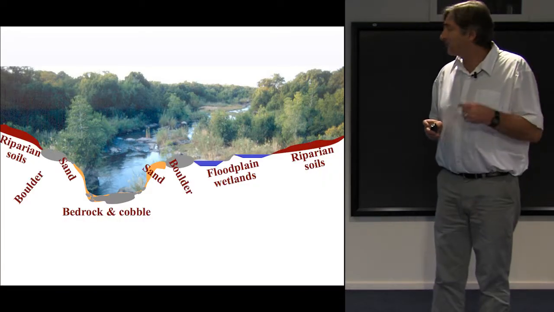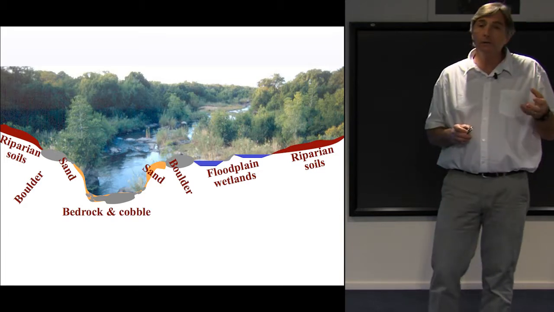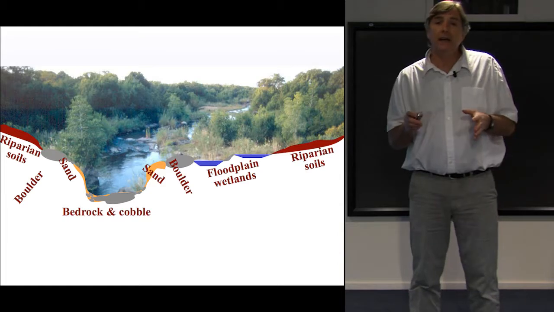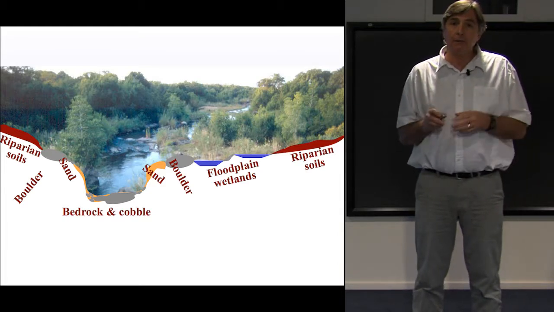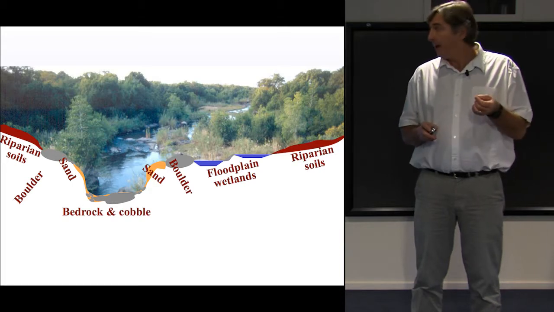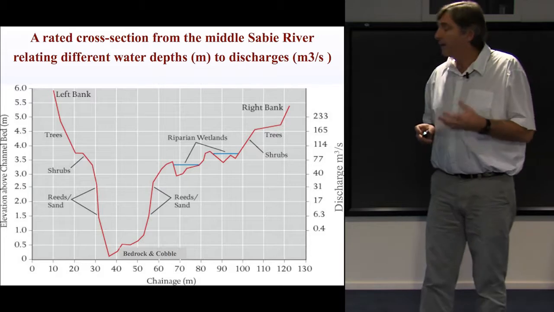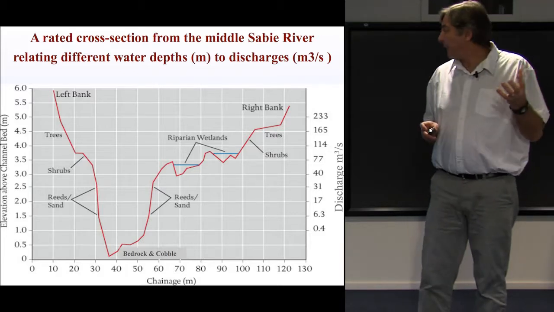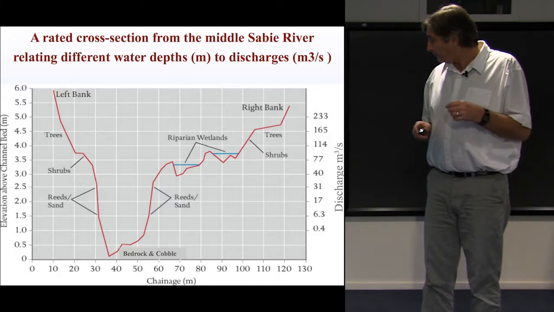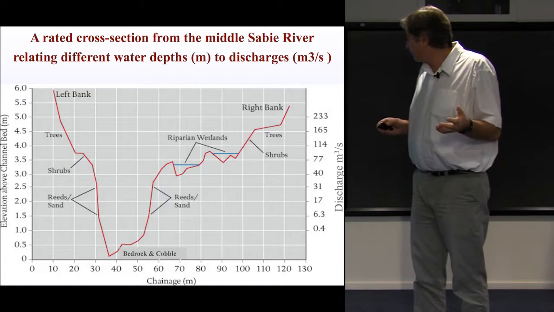So if we take a cross-section across the river and characterize the kind of soils and vegetation and floodplain wetlands that we're seeing there, those are the kind of things we want to try to maintain. And if we survey that cross-section, we can then provide ourselves with a graphic which shows the different depths, the different types of habitats marked there, the width of the river.